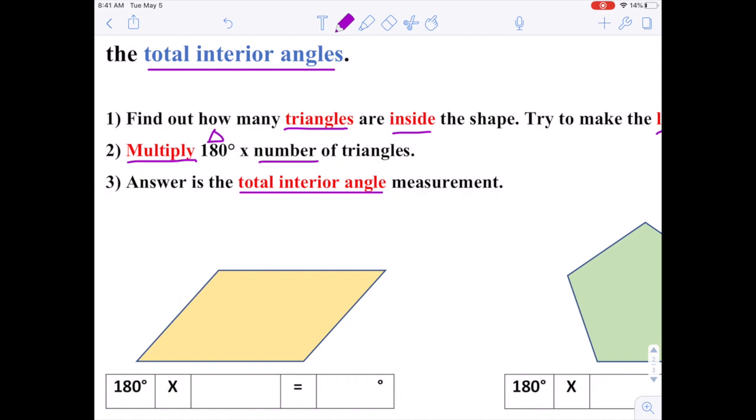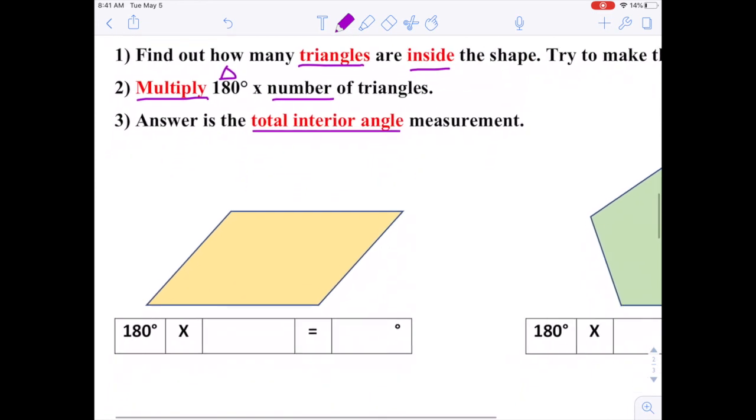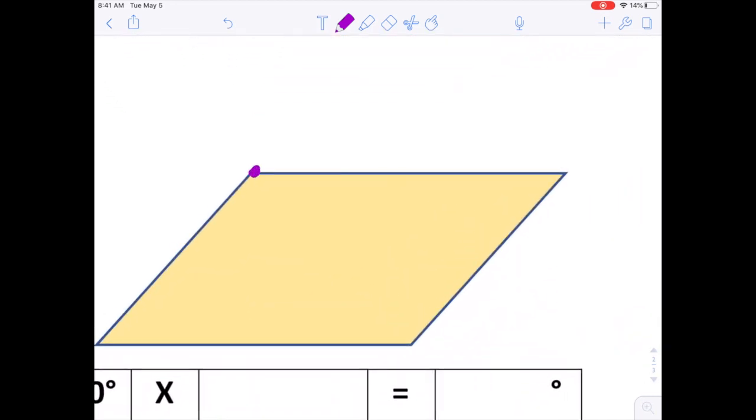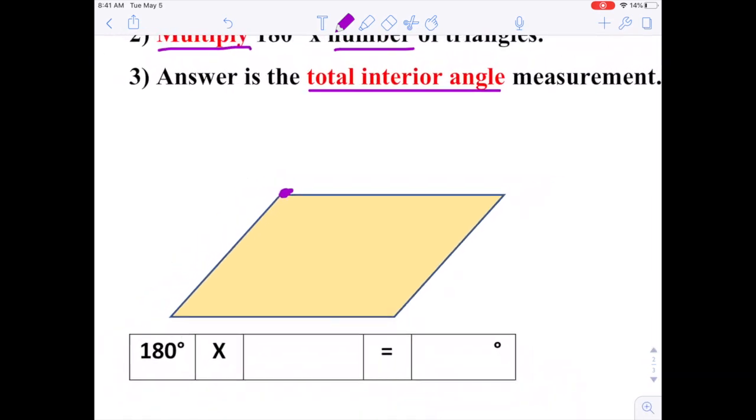This will come up in geometry quite a bit, so let's look at the first one together. There are different ways we can try to figure out the triangles. We always start with a point of reference. So find a corner of your shape and put a dot. From that dot, we're trying to go to other corners in this shape.